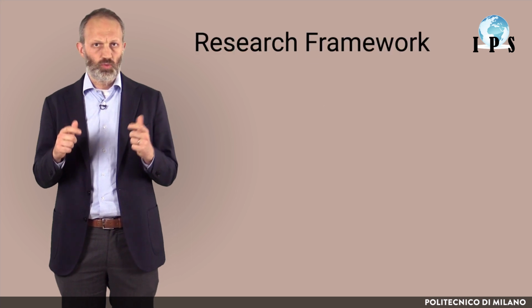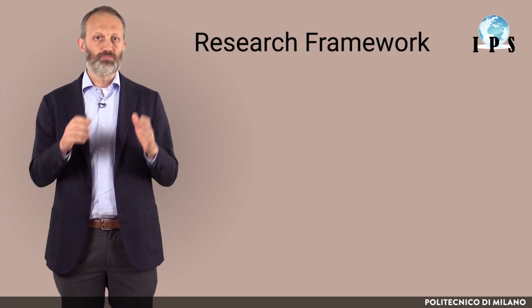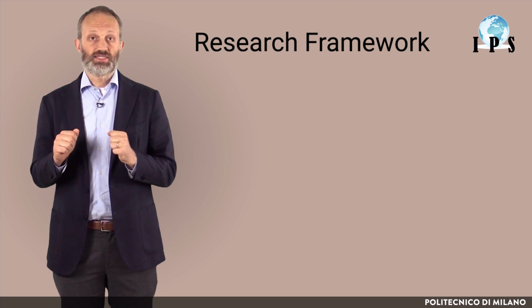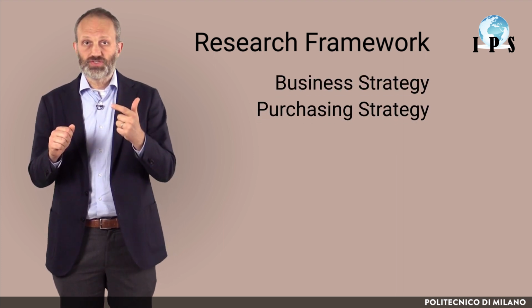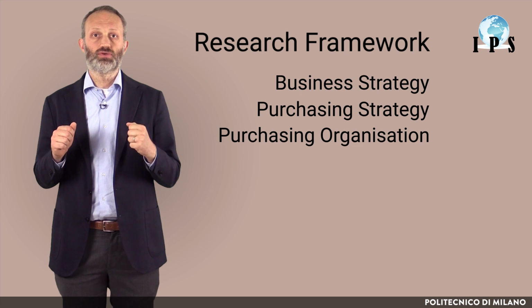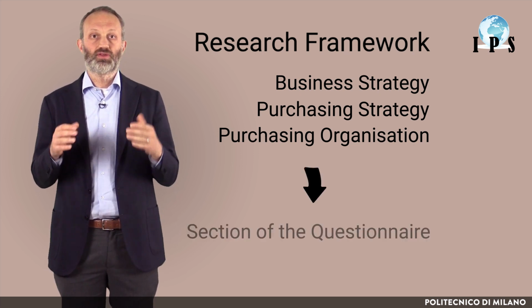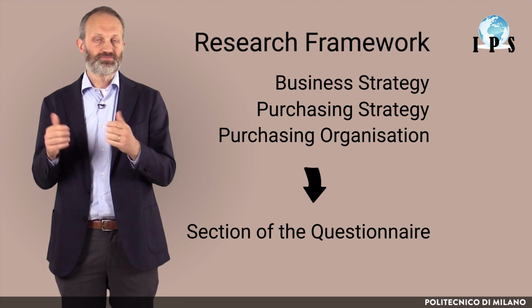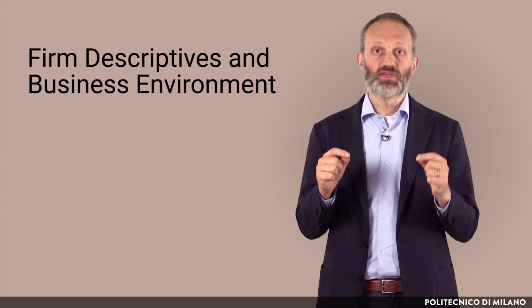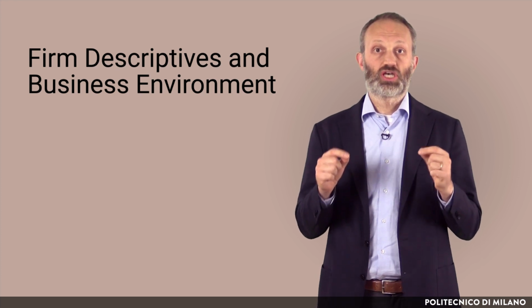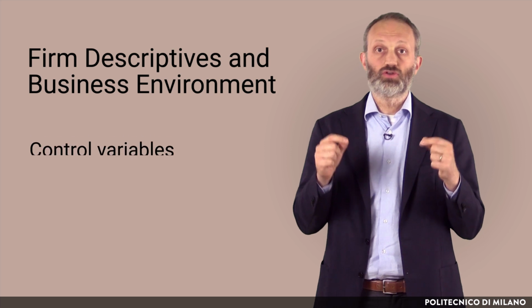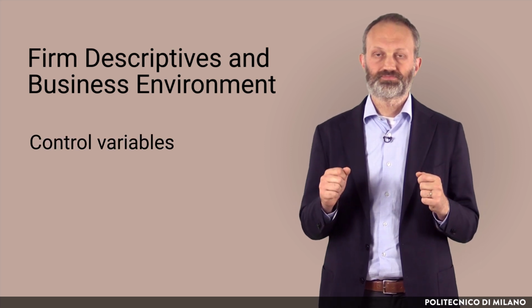Let's look again at our example, the IPS project. If you remember the research framework, it consisted in several building blocks, such as business strategy, purchasing organization, and so on. For each building block, we developed the related section of the questionnaire. The first section was named Firm Descriptives and Business Environment, which covered the elements labeled as control variables in the research model.